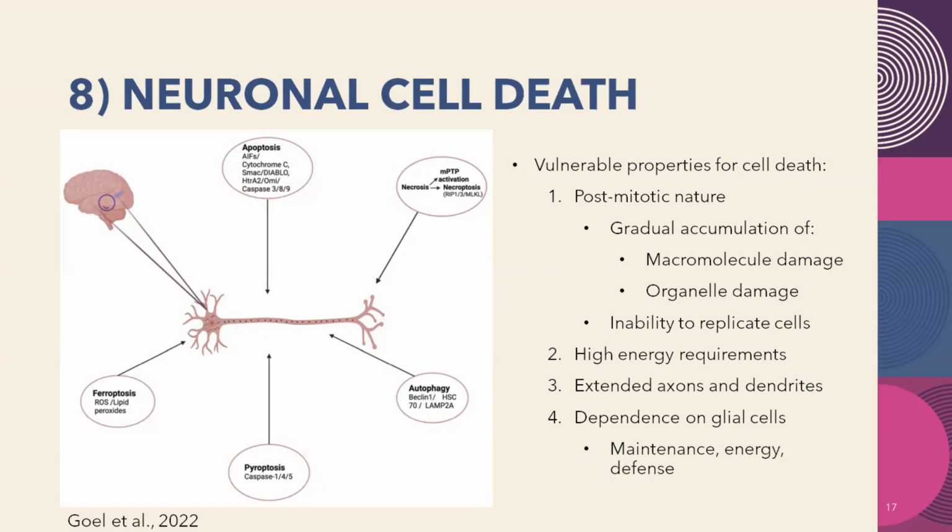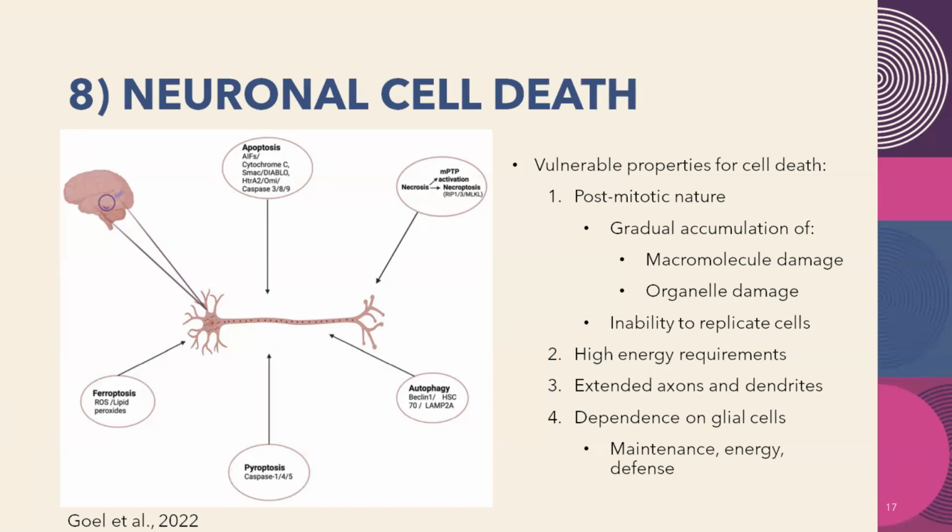So basically, the end result of all of these hallmarks and NDD properties is that we get neuronal cell death. So neurons are, like I kind of mentioned before, really high maintenance. Any sort of disruption to their normal state and their source of energy or function will kind of force them into cell death pretty quickly.